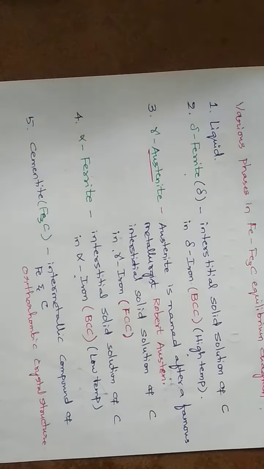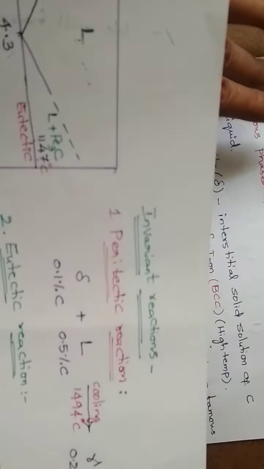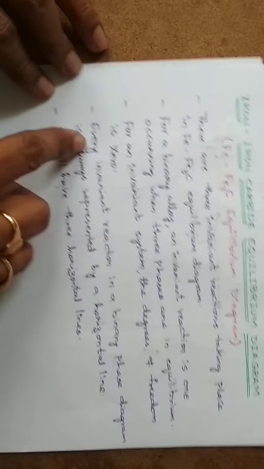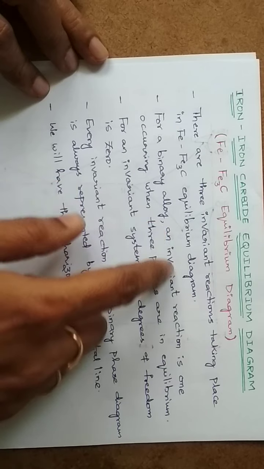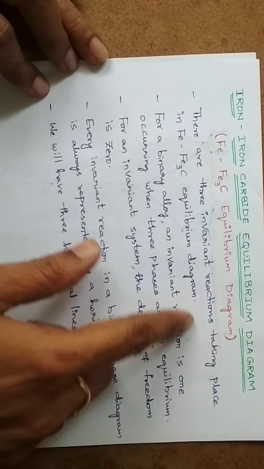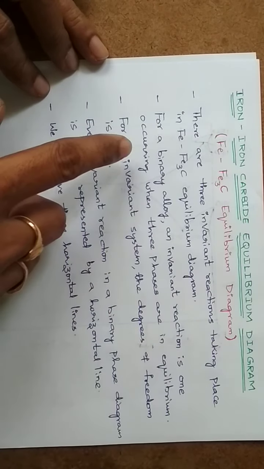So I would like to revise what we have discussed in this video lecture: the iron carbon equilibrium diagram. In the iron carbide equilibrium diagram, we have three invariant reactions taking place. So what is an invariant reaction?